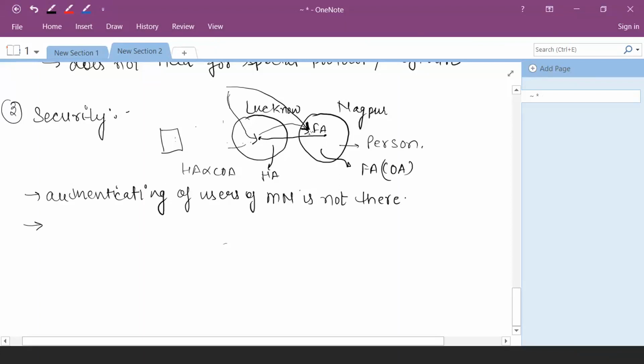And again, another term is the foreign agent. After receiving the packet, the foreign agent will send this packet to my mobile node. Suppose this foreign agent is fake. If that is the case, any foreign agent can send a packet to me. So this thing should not be there.